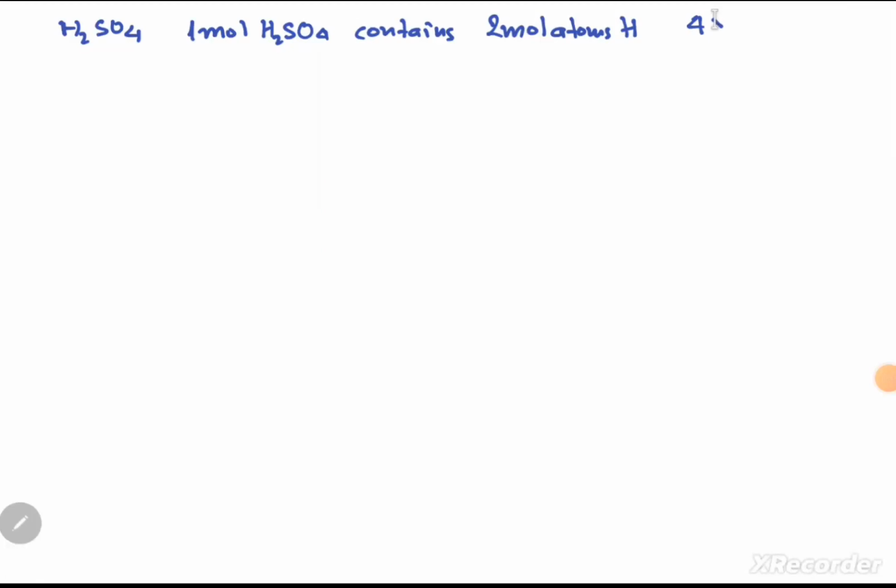Let's continue with the second component, sulfuric acid. One mole sulfuric acid contains 2 mole hydrogen atom and 4 times 16 grams oxygen. How much contain 2 mole of sulfuric acid?